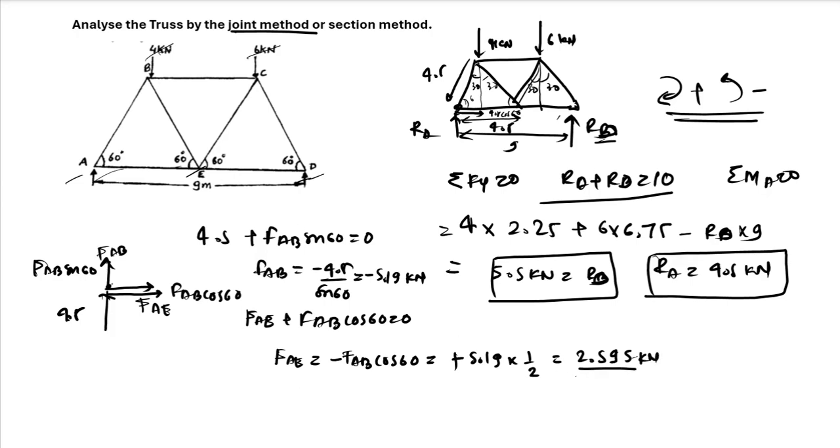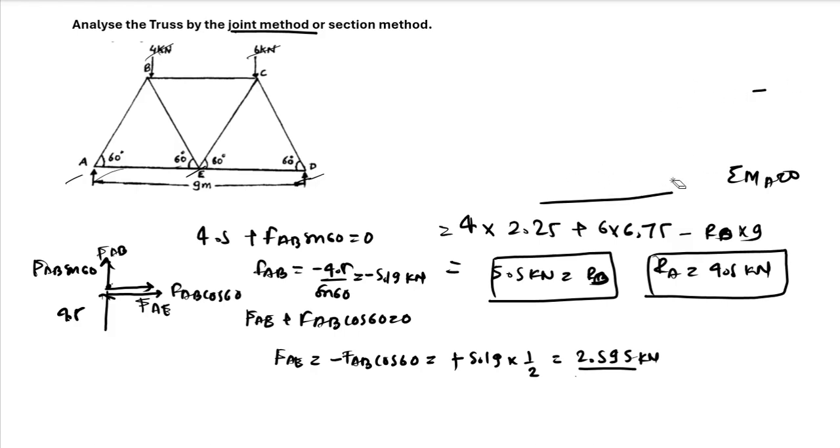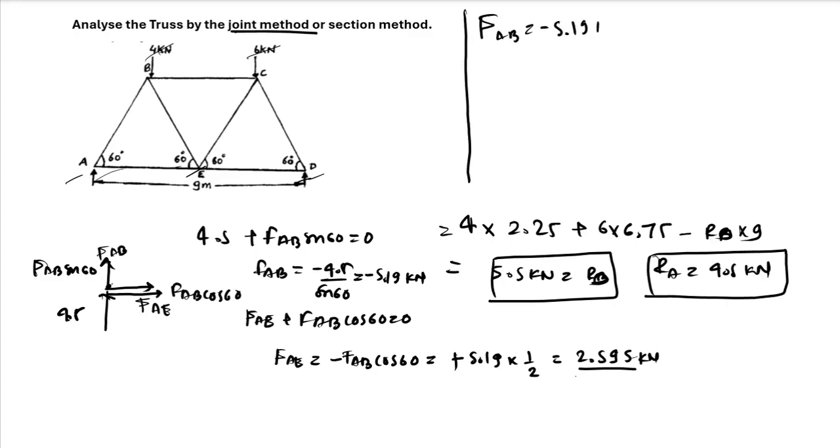Let us write all of the forces that we calculated somewhere here. We have force at AB as minus 5.19 kilonewton. Also, we have FAE as 2.595 kilonewton.